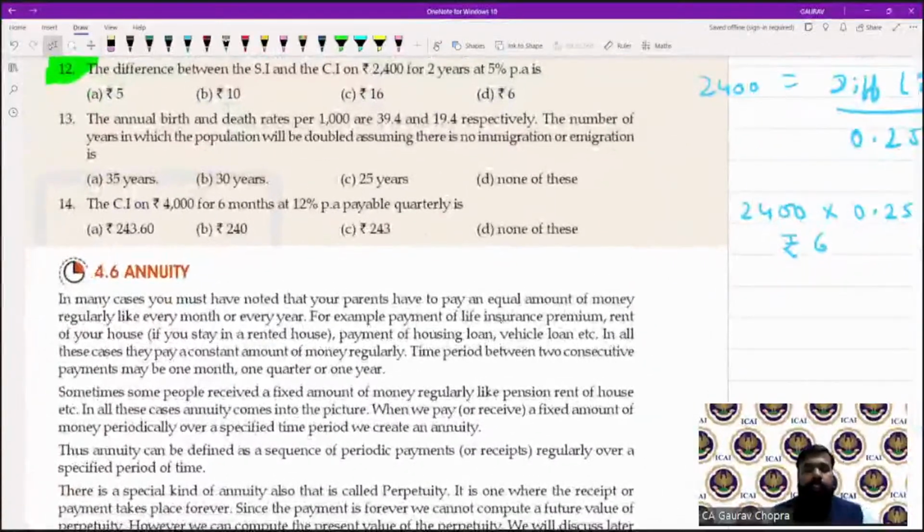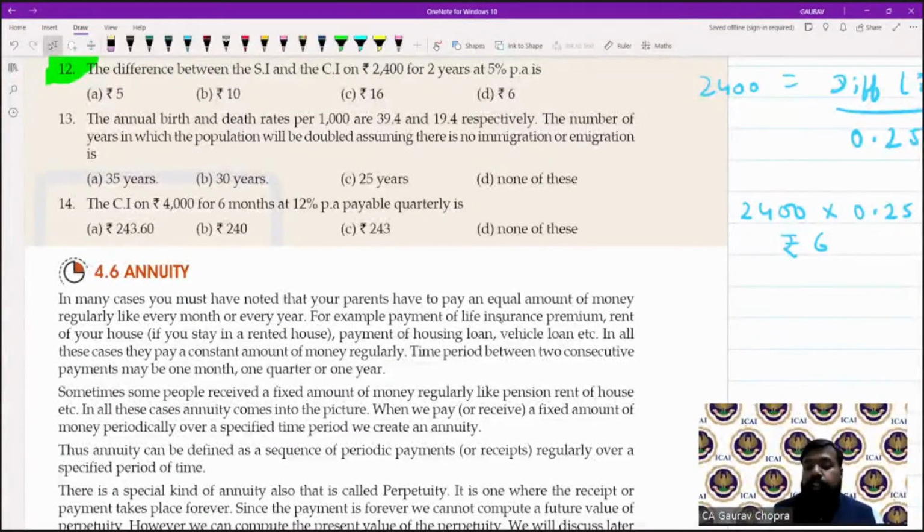Question number 13. The annual birth rate and death rate per thousand are 39.4 and 19.4 respectively. So 39.4 denotes the birth rate and 19.4 denotes the death rate.